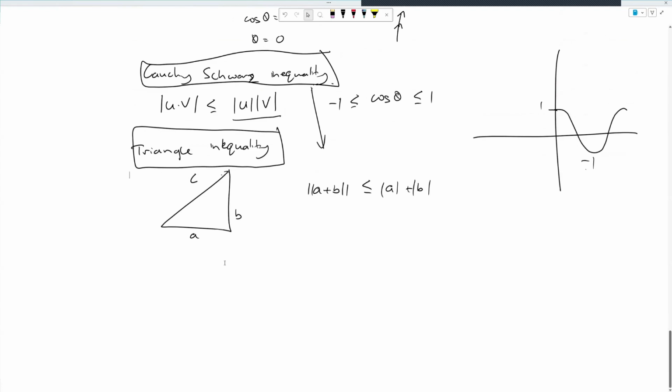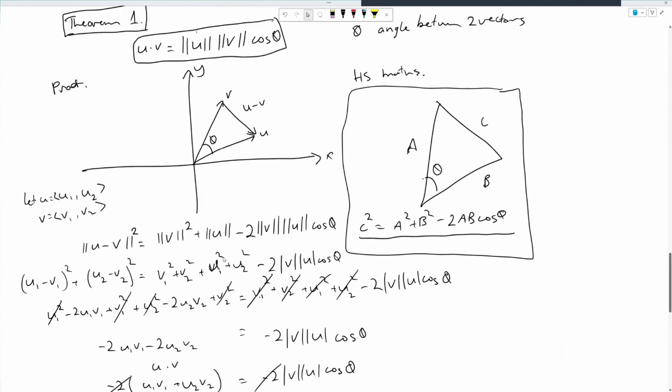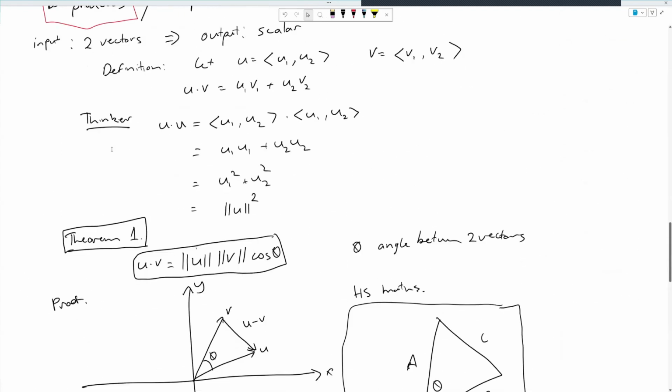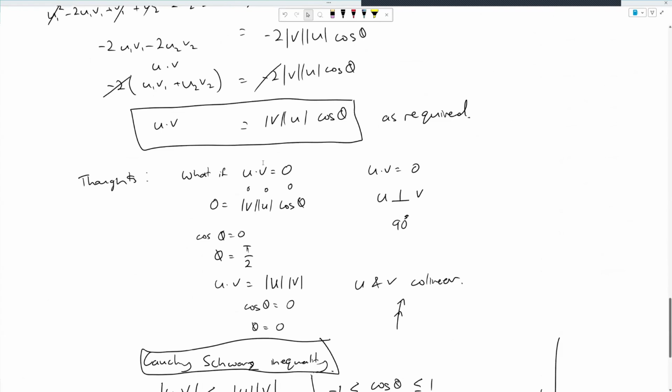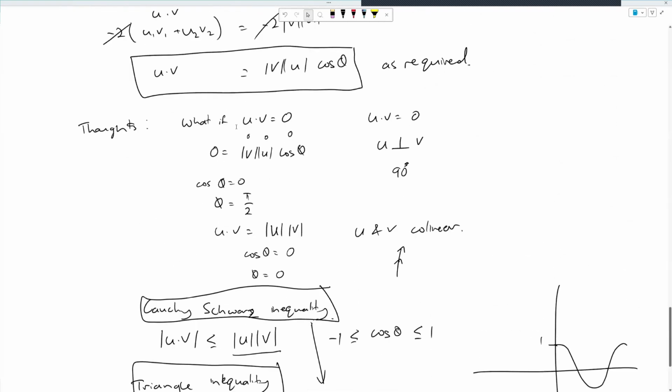So just to summarize, the first theorem that we learned today for dot products is this theorem over here. The dot product between two vectors is equal to the lengths of these two vectors times the cosine of the angle between them. And what this tells us is it gives us a relationship between the angle between the two vectors and the length of the two vectors.